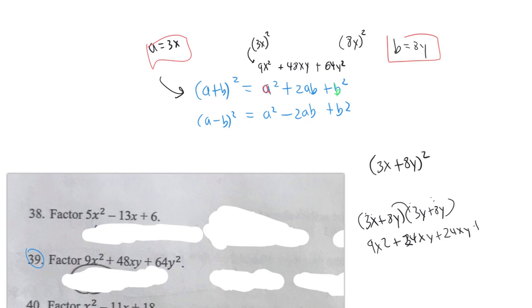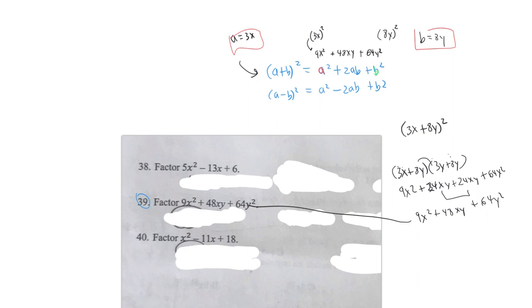And then with the last terms, it's going to be plus 64y squared. So these are two terms that could be combined. We have 9x squared plus 48xy plus 64y squared. And that should be the answer, because that does indeed match this. The factored form is this, so the answer to problem number 39 is in the blue box.